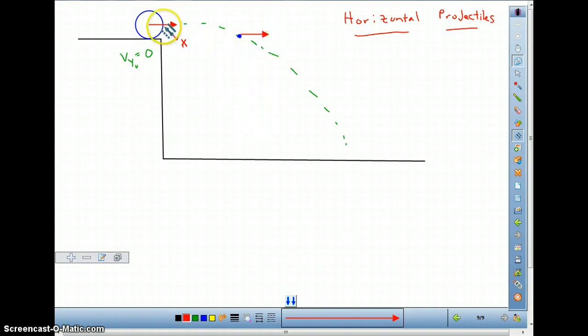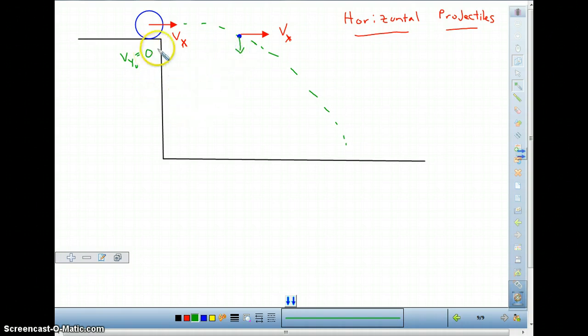Alright, so that arrow and that arrow are about the same size, meaning that the x velocity still is constant, what it was to begin with rolling on the tabletop. But obviously now gravity has taken hold of it, and we have a y velocity pointing downward that is not 0 anymore because of g.